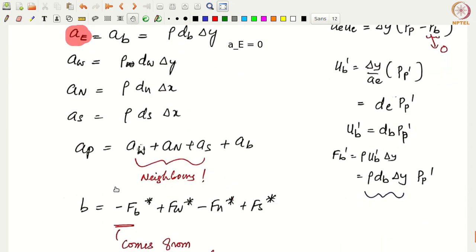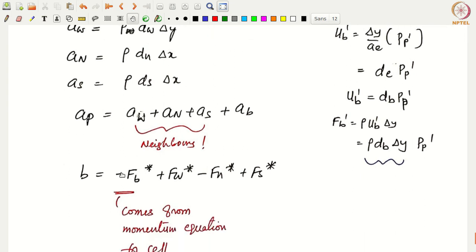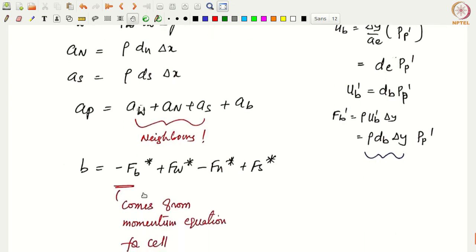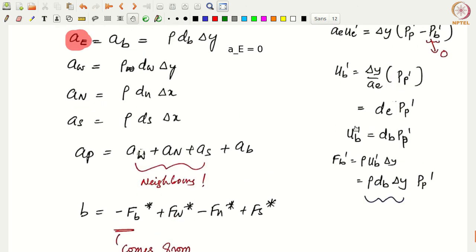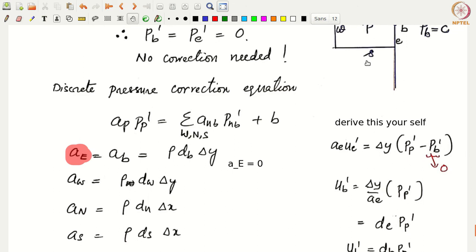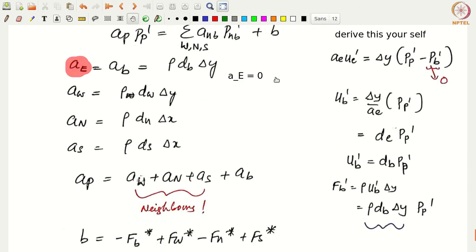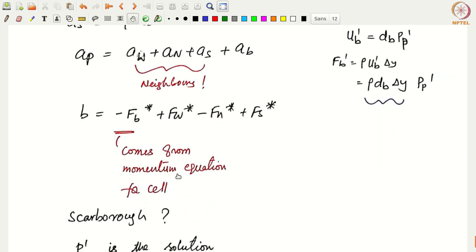Your B term now has minus FB star plus FW star minus F North star plus F South star, basically rho minus FE star. And how do you get F east star? This comes from the momentum equation for the cell. We know how to discretize the momentum equation, and from there you get F east star, which we will substitute.